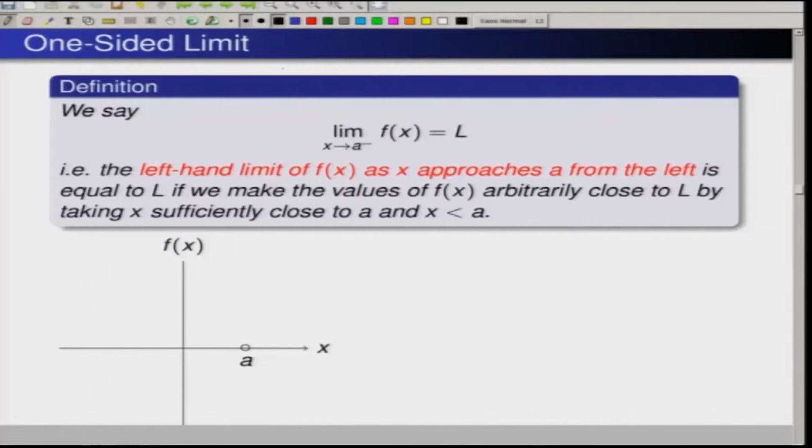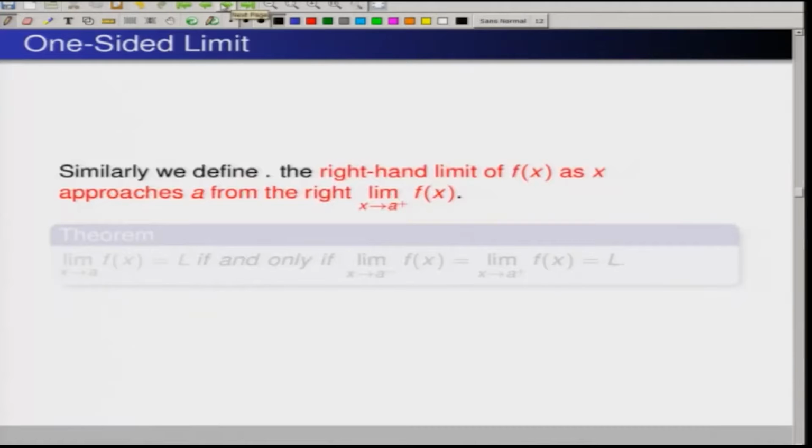So, for example, here if you look, this is your a, and the red line indicates that x approaches a minus, that is, from the left. So, this is the left hand limit. We can define the right hand limit in the same fashion.